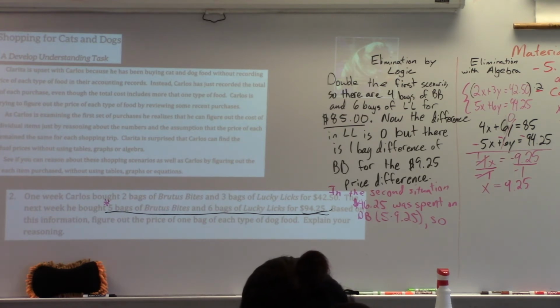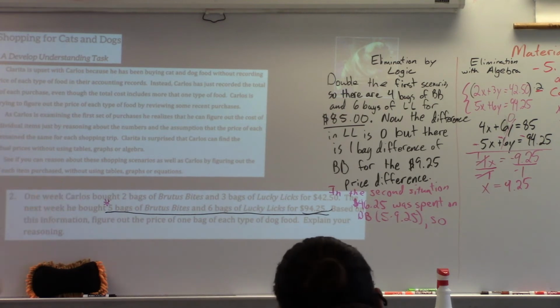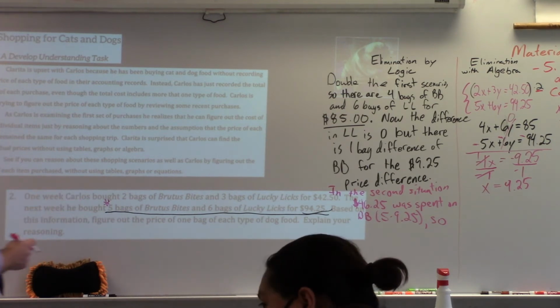How would I figure that out? Subtract 46.25 from the total. Right, we spent a total of 94.25. We just said 46.25 of it was on Brutus bites.